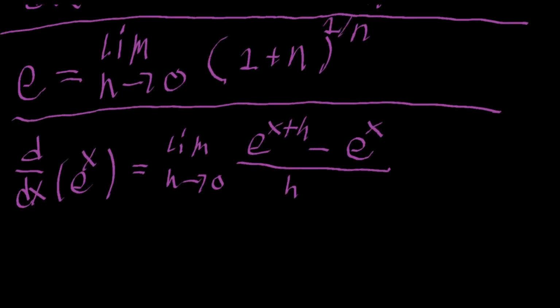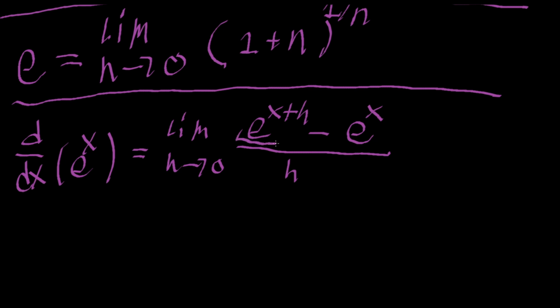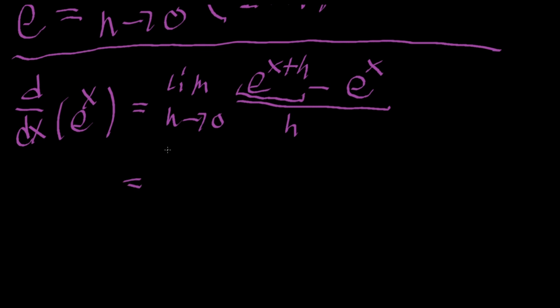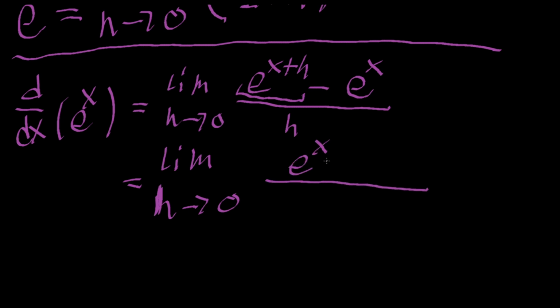Now, due to the exponent laws, we can rewrite this e to the power of x plus h as e to the power of x times e to the power of h. So this is really just equal to the limit as h is approaching 0 of e to the power of x multiplied by e to the power of h minus e to the power of x all over h.